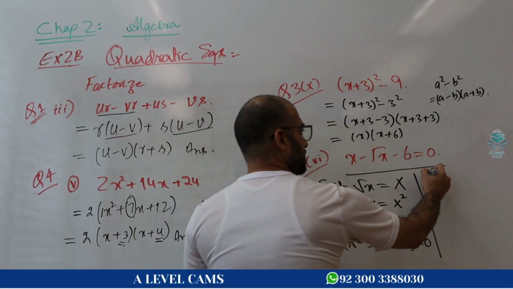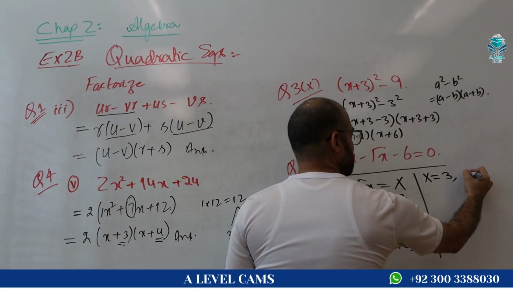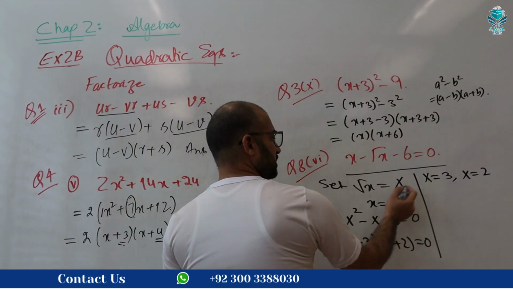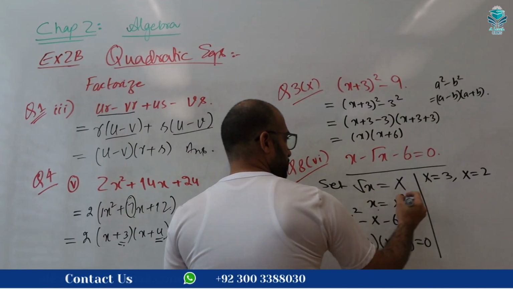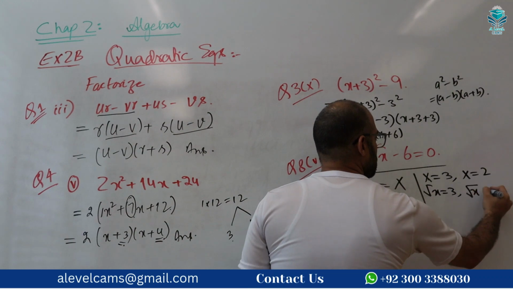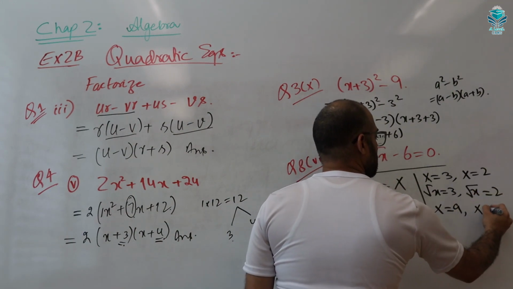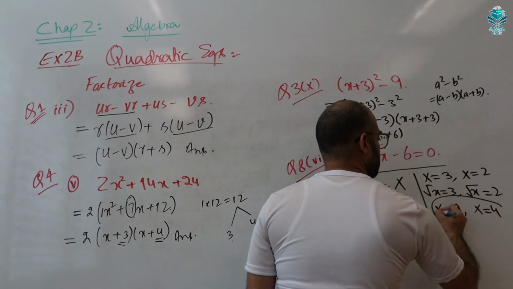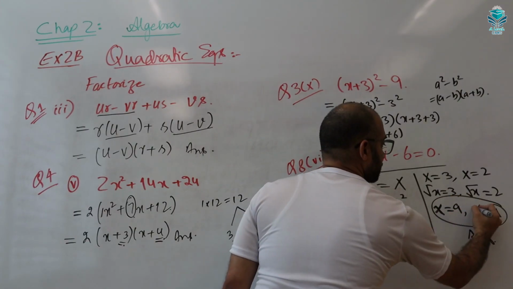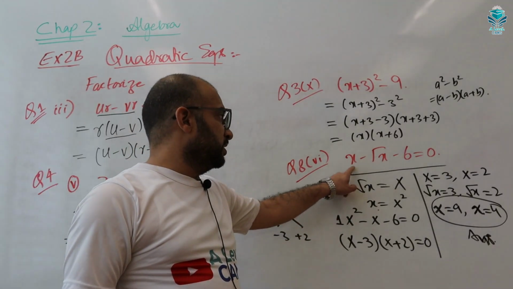So dear students, here we have two possibilities, X equal to 3 and X equal to 2, where X is equal to the square root of x, which is 3, and the square root of x is 2. So x is 9 or x is 4. These are the two possibilities and this is your answer. For both values of small x your equation will be satisfied.